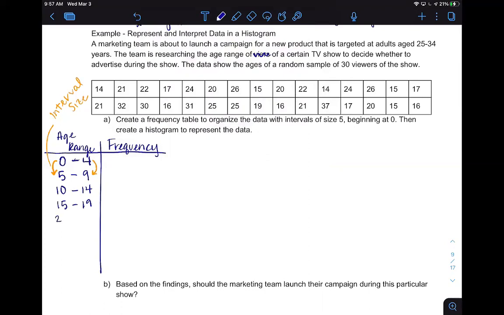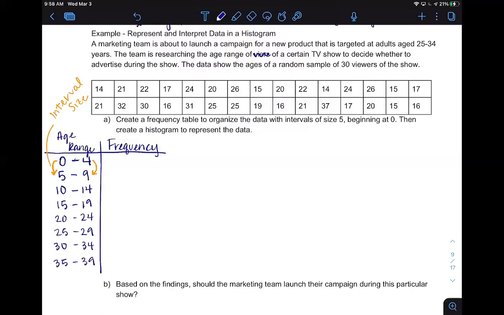So we're going to have 20 to 24, 25 to 29, 30 to 34, and 35 to 39. Okay. Questions with that part? That's probably the hardest part about making this, is creating that frequency table.